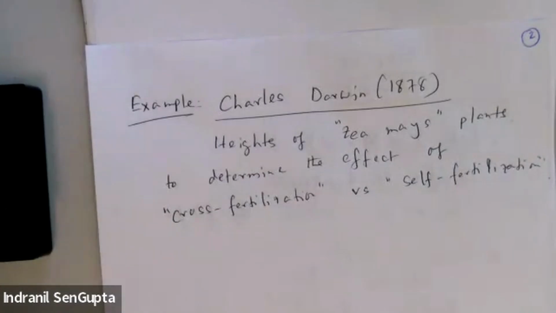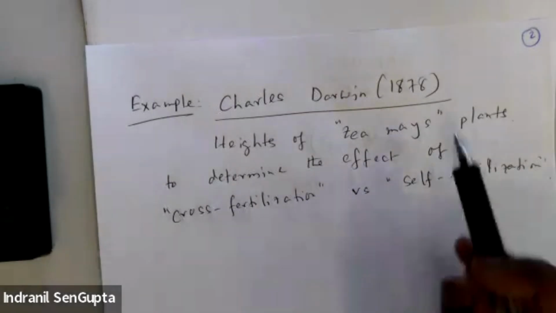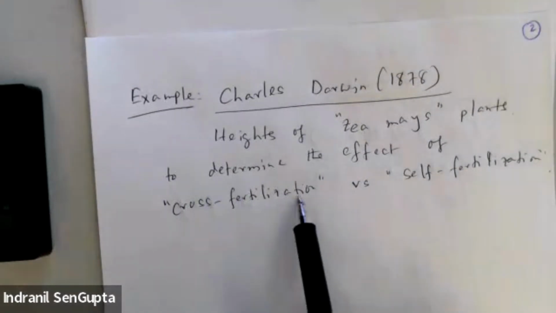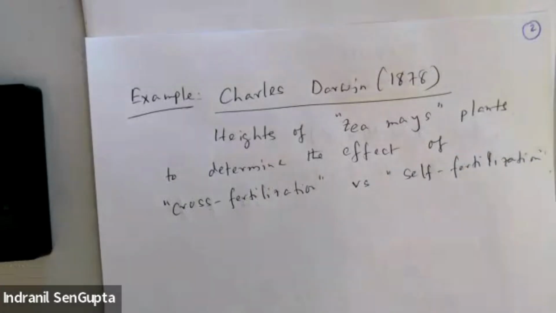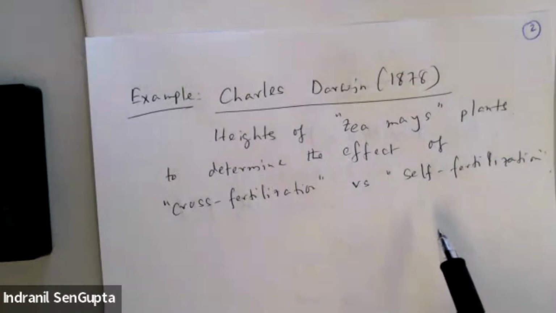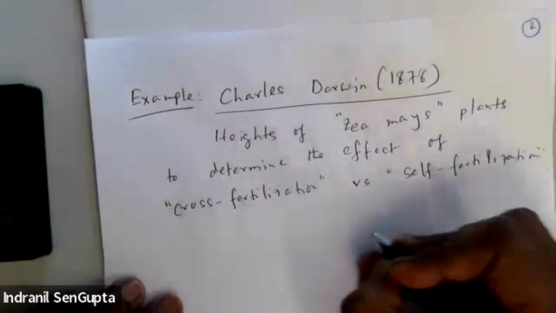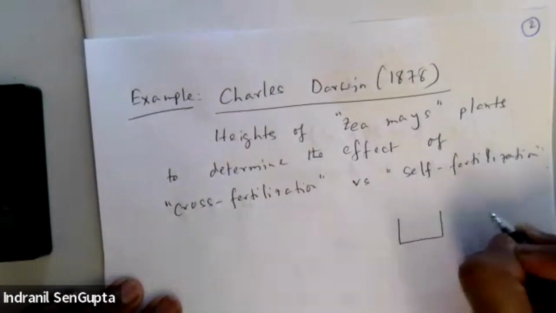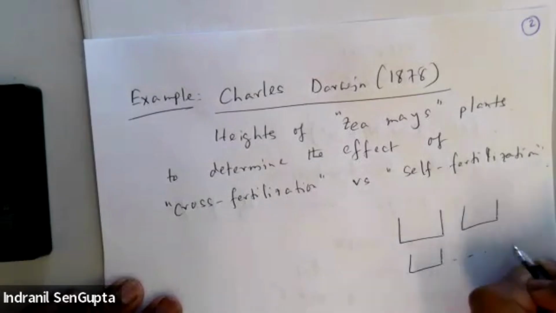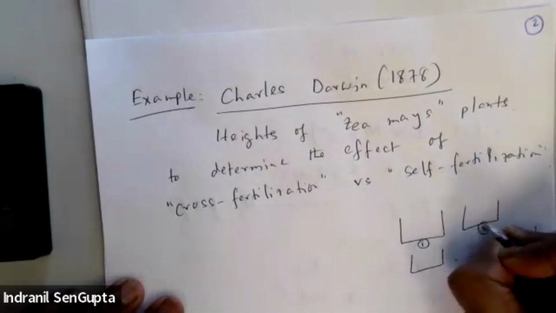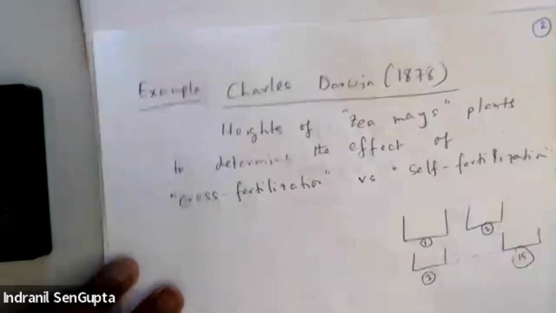So basically, there are two random variables, x and y. The first one, x, is the length of the cross-fertilized plants, and y is the length of the self-fertilized plants. There are 15 pots, 1, 2, 3, 4, all the way to 15: first pot, second pot, third pot, 15th pot.